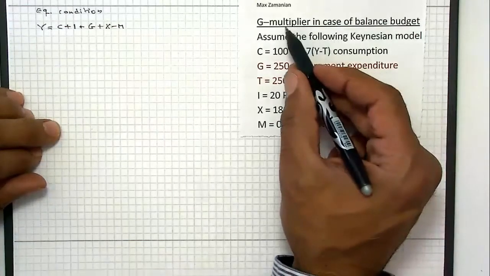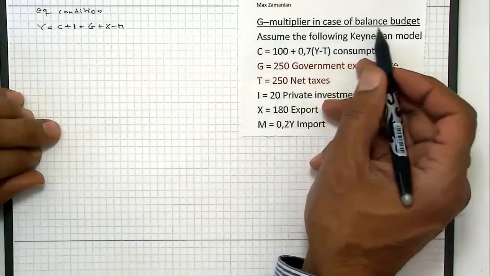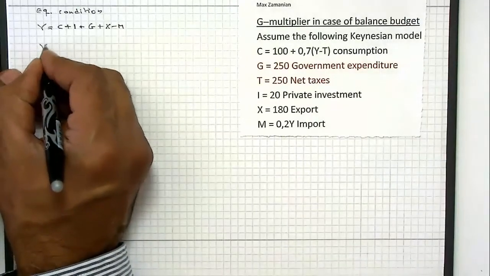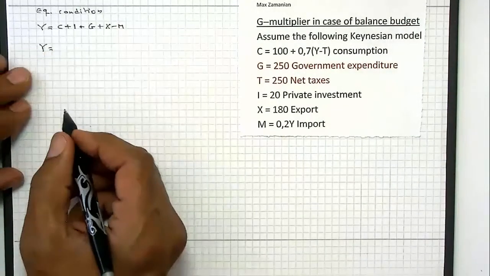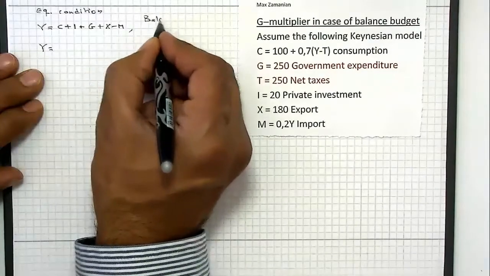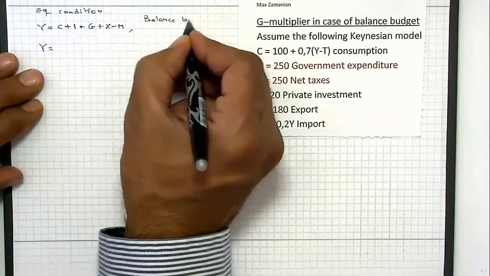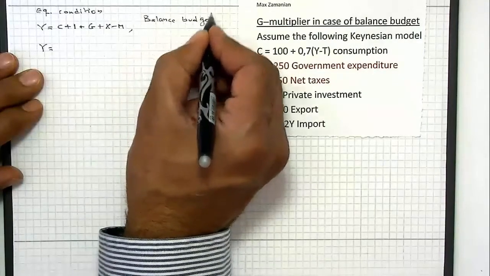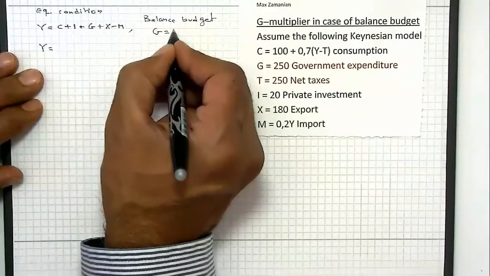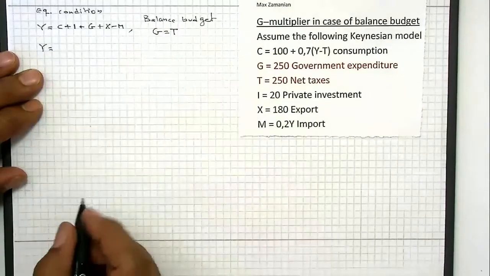But since we are going to derive the G-multiplier, the condition for a balanced budget is that G equals T. So this is the condition.